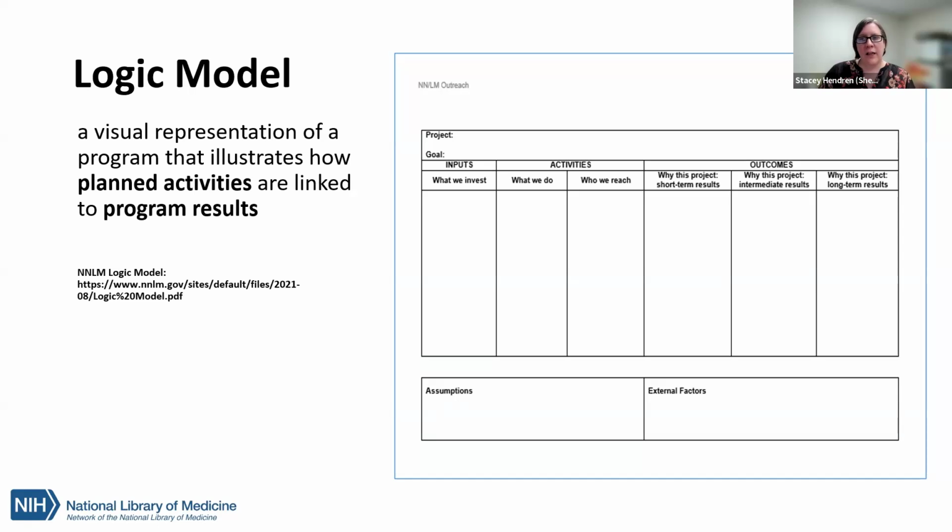And one of the things I really love about the outcomes portion is that a portion of your outcomes is going to be statistical. How many people came? How many people filled out the survey? How many people said that they liked the program? But then you're also going to have outcomes that are goals that you may not see the answer to.